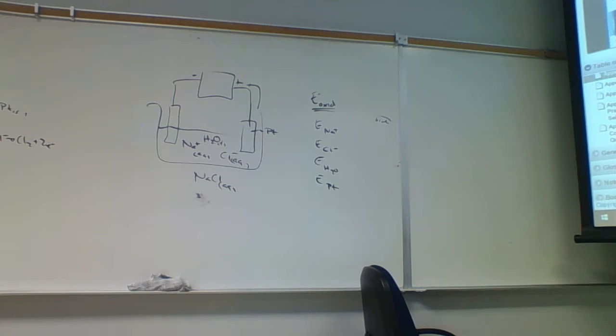Which has a higher oxidation potential, chloride at negative 1.36 or water at negative 1.229? Water at negative 1.229 has a higher oxidation potential.